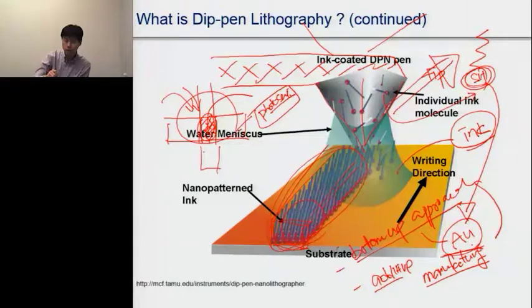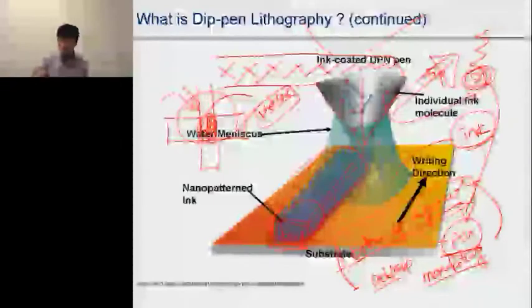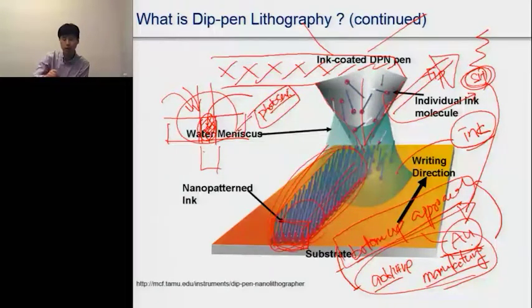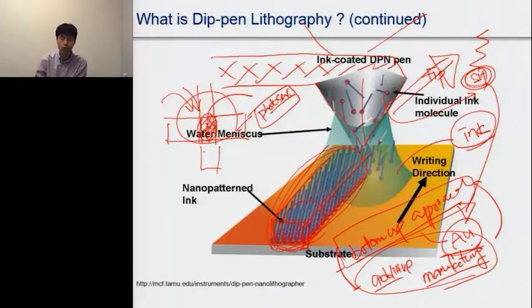This dip pen lithography, or SPM lithography, scanning probe microscopy lithography, is sometimes classified as a bottom-up approach or additive manufacturing, because we directly build the target materials with whatever structures we want.